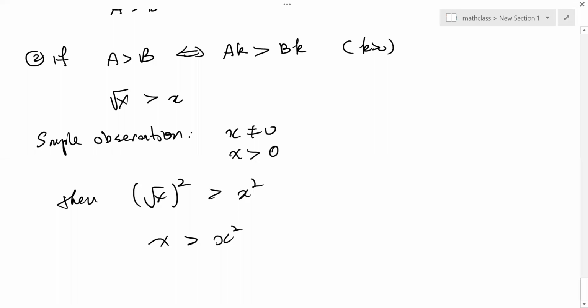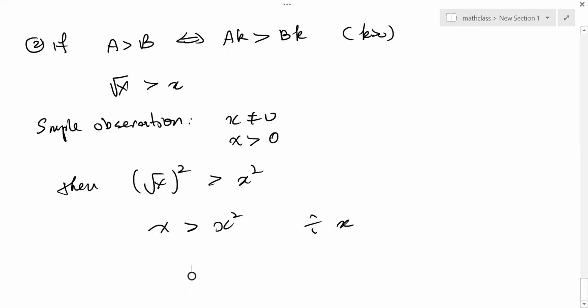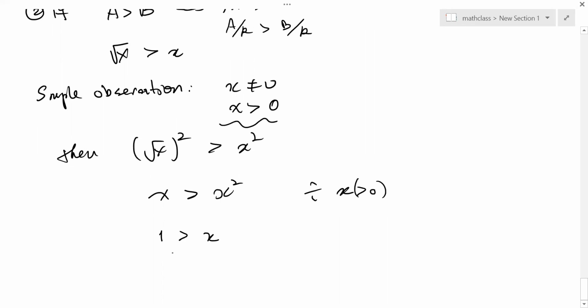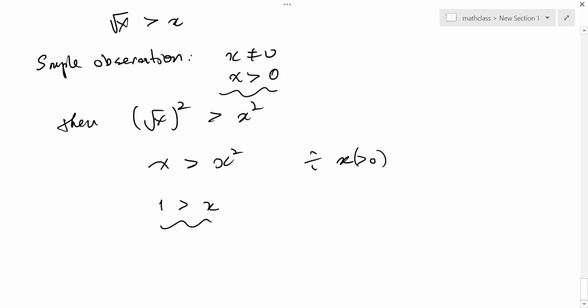Another step we can do is, since x is positive, you can divide by x on both sides. Otherwise, you cannot do it. You divide by x, which is positive, so it does not change the inequality. Multiply by k or divide by k is the same. Those two are equivalent. So you get 1 less than x, so x greater than 0, x is less than 1. Combine them together: x is between 0 and 1. So that is the answer.